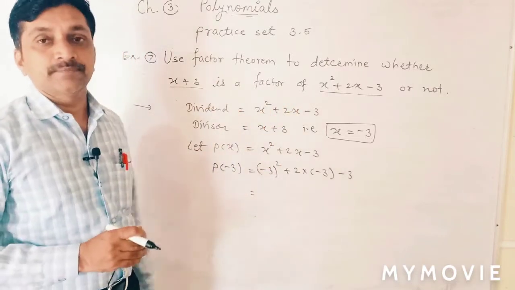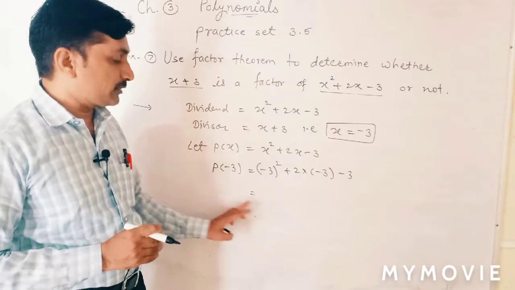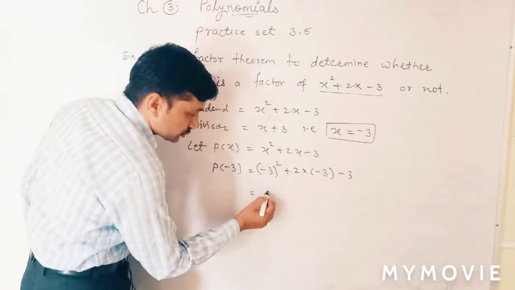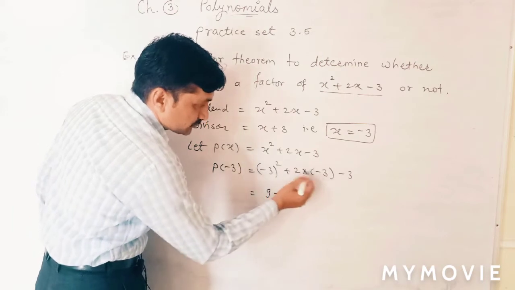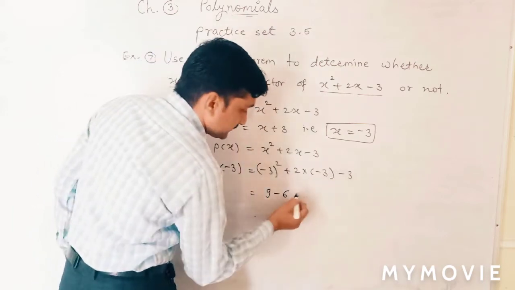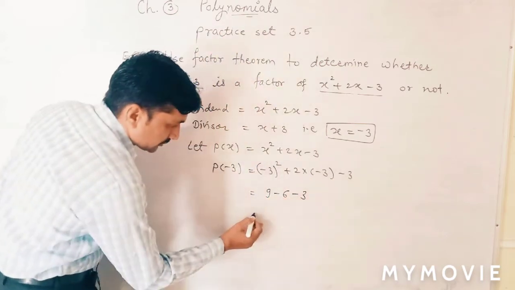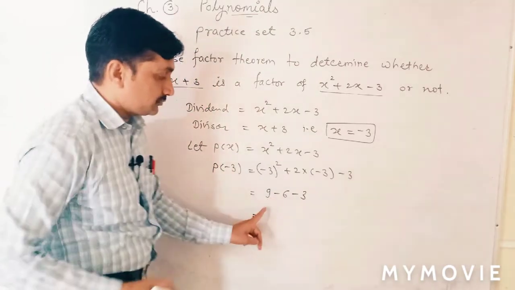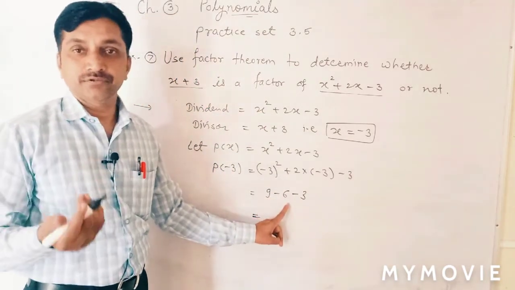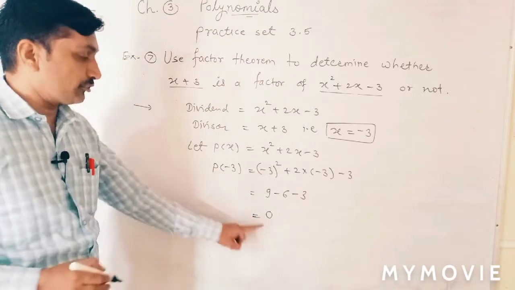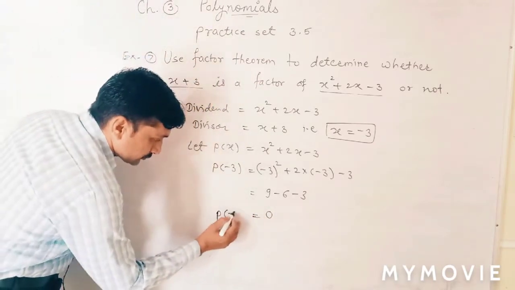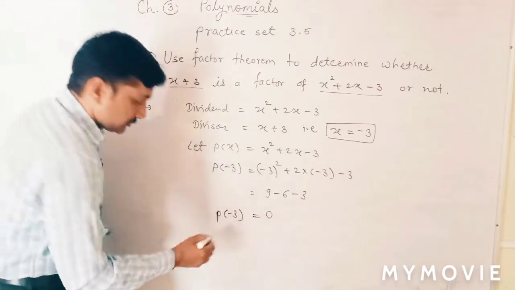Let's see. Minus 3 square is 9, plus 2 multiplied by minus 3 is minus 6, and minus 3. So 9 minus 6 is 3, minus 3 is 0. We got p of minus 3 equal to 0, meaning remainder 0.